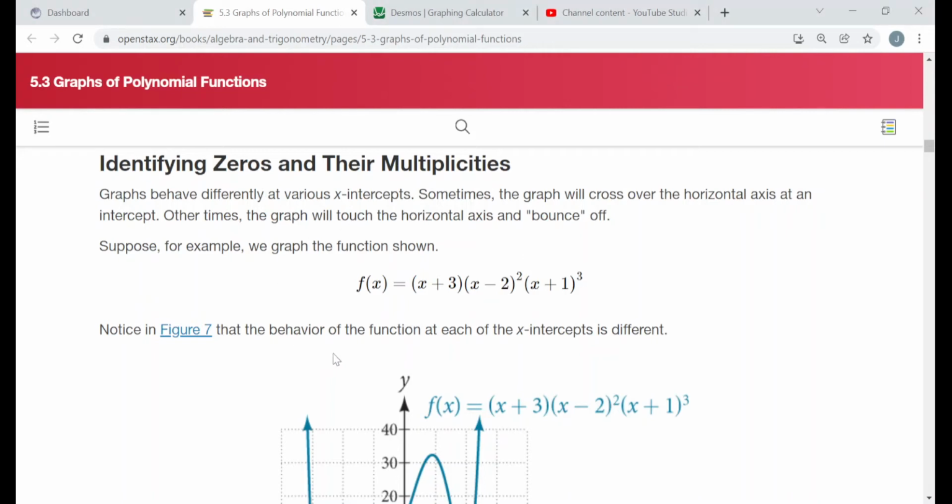And each example I'm doing is going to be either an example taken from this reading, or one of the try it problems from the reading, or one of the exercises at the end of the section related to this particular objective.